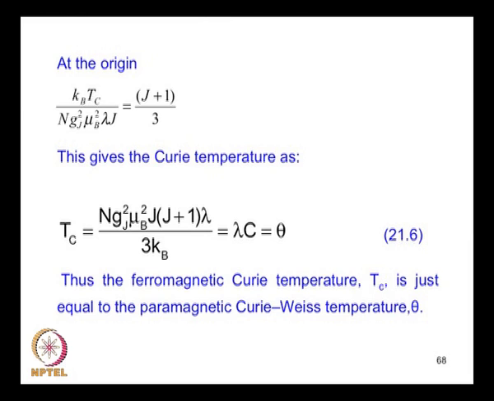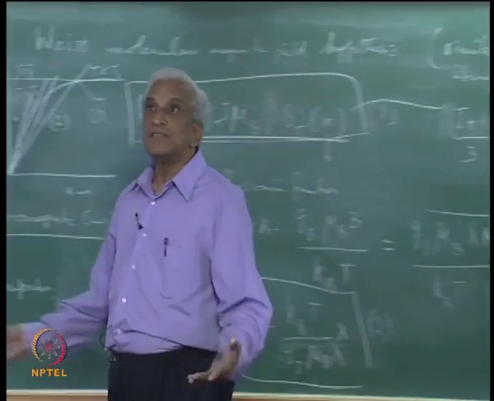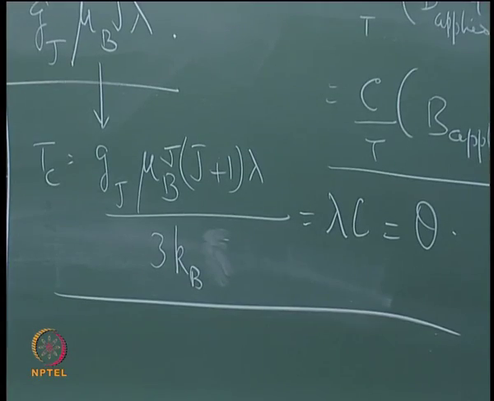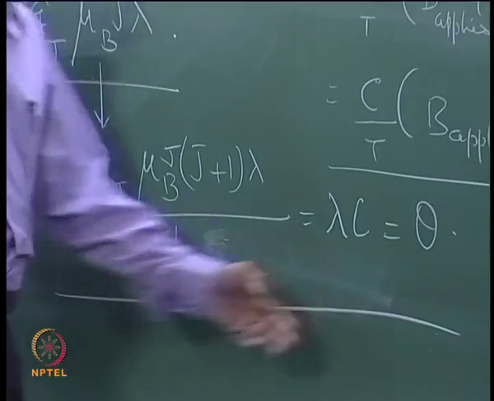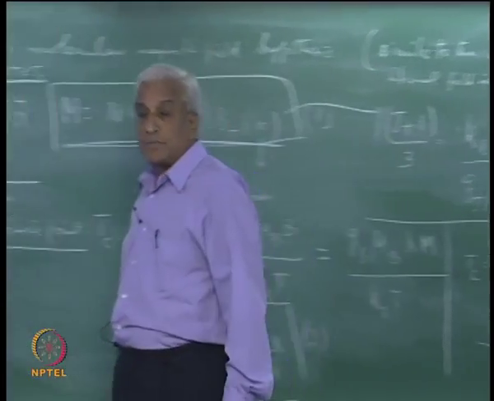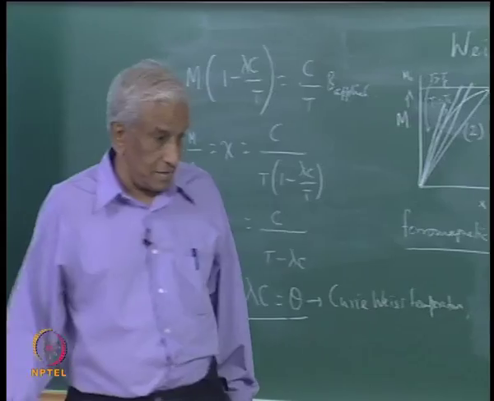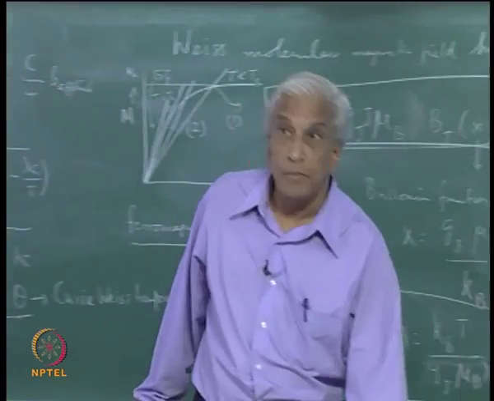Since the Curie constant is just this, therefore, this is just Cλ. So, this just says that the Tc, the ferromagnetic Curie temperature, is the same as the Curie-Weiss temperature according to the molecular field theory of a ferromagnet.